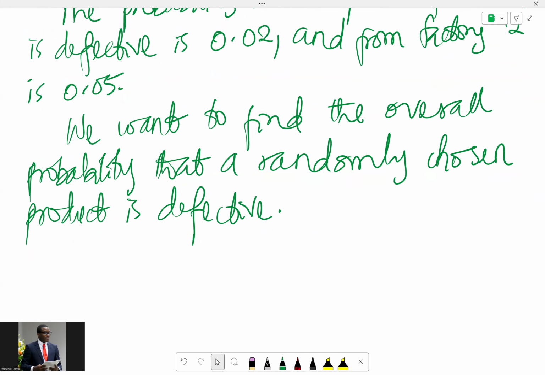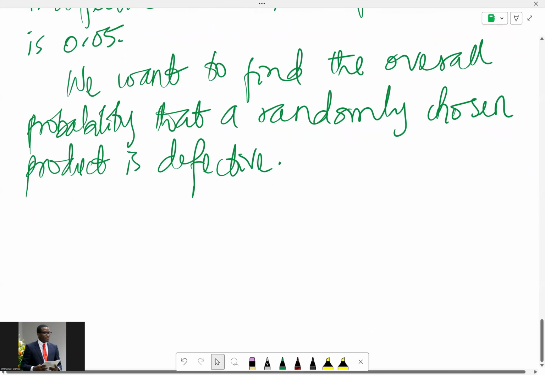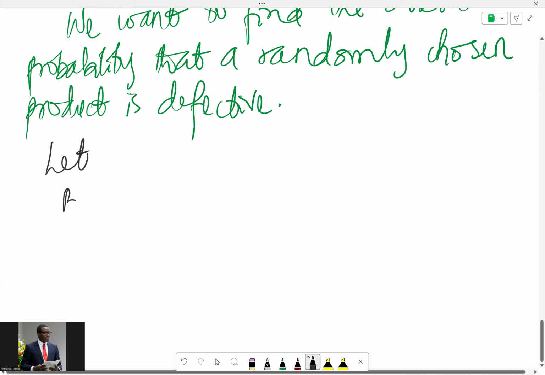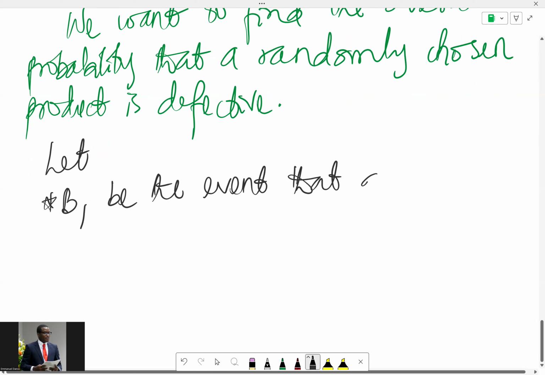So here the law of total probability is useful. Let me switch to this. First of all, let B1 be the event that a product comes from factory 1.